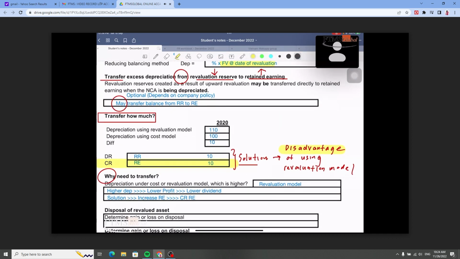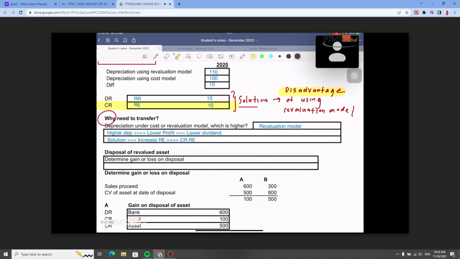Then the next part is disposal of a revalued asset. So the keyword here is your asset has been revalued before, right? Disposal means sell your asset. So the complication is your asset has been revalued before.